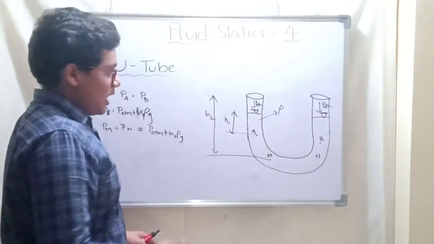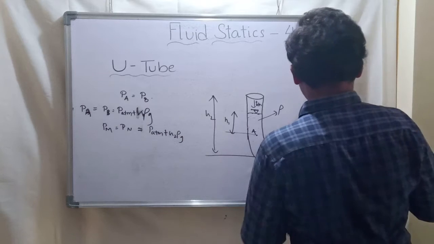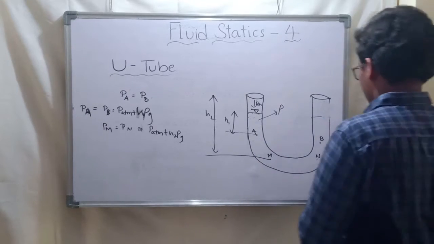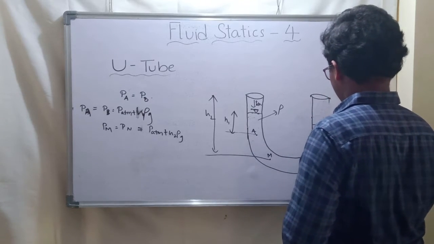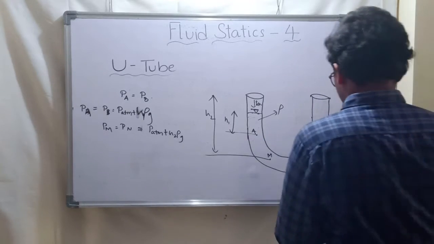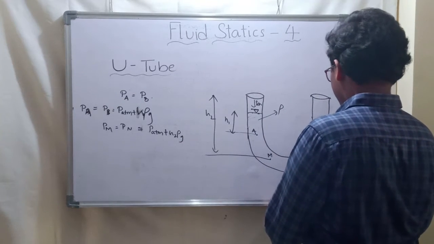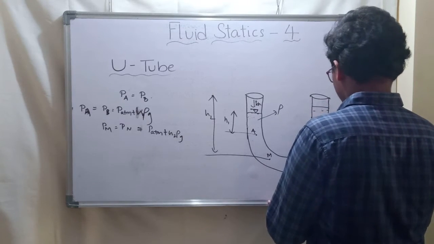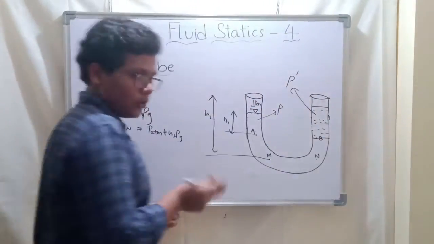Now if we add another liquid of more density, see here, another liquid up to B, it will come up to B. Then it is of density rho dash. We will take rho dash.